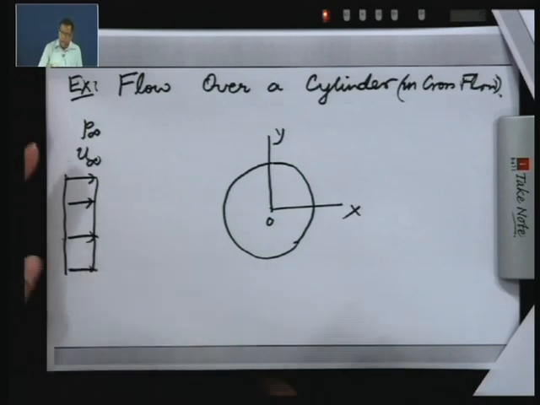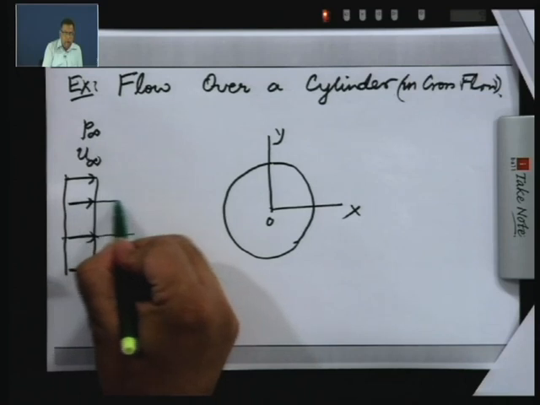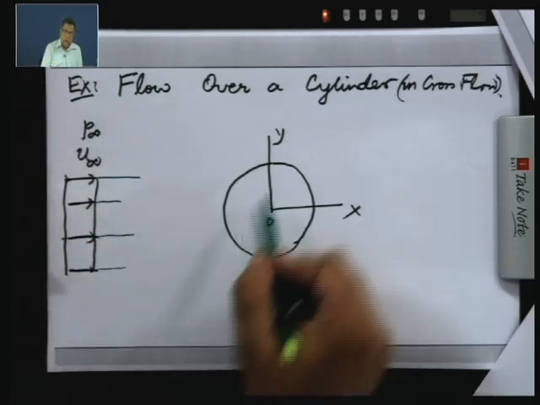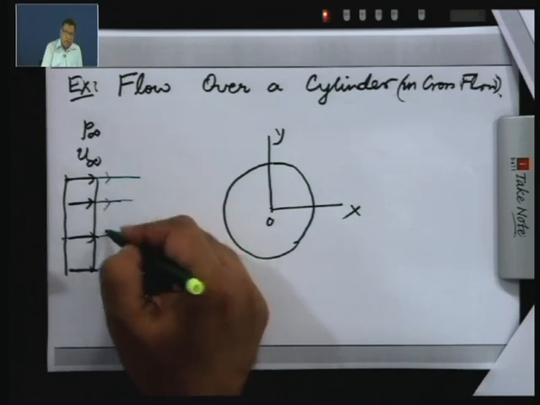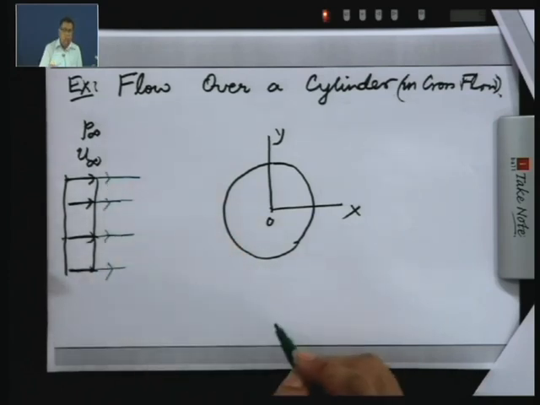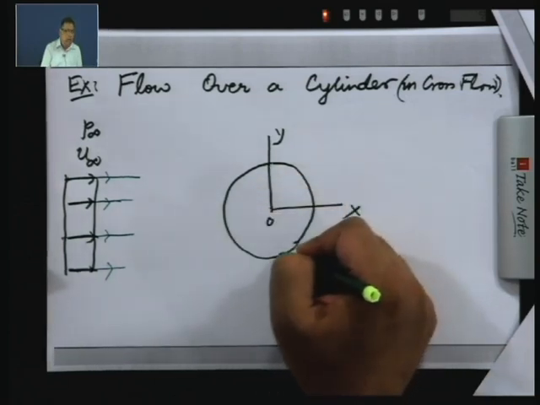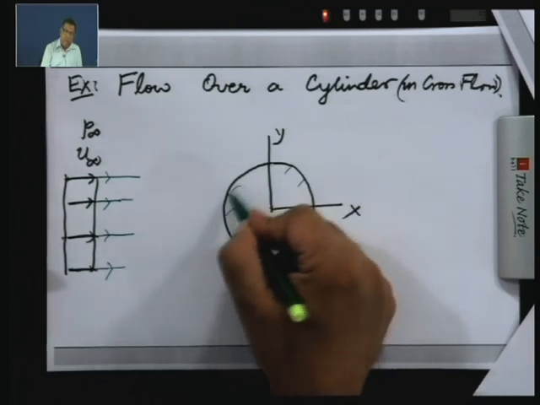Now, if you look at the streamlines upstream, they are going to be all parallel to the x axis. So, these are the upstream streamlines. I can show the arrows to indicate the direction of flows, and this wall also is a streamline because it is a solid surface.